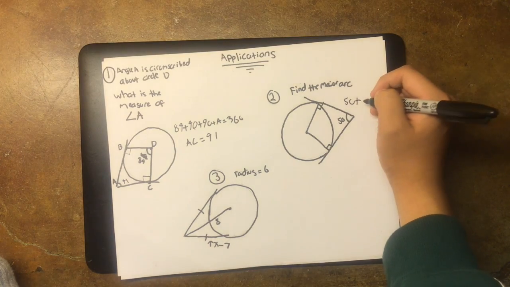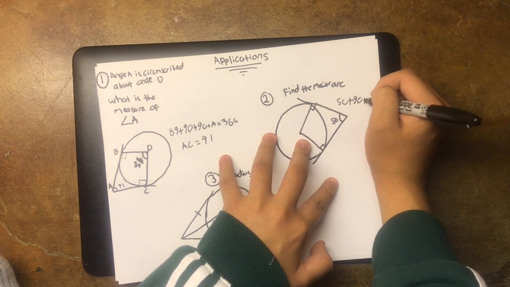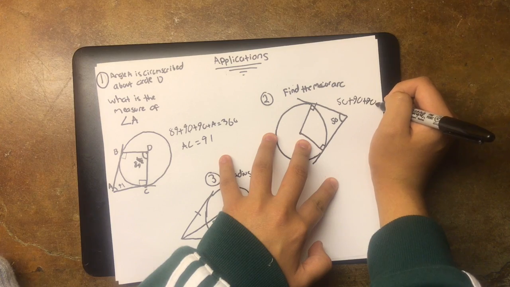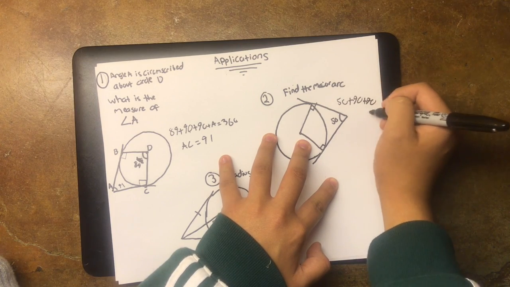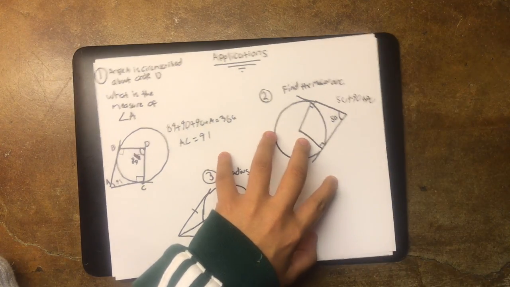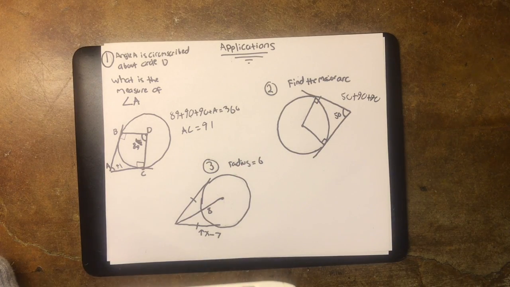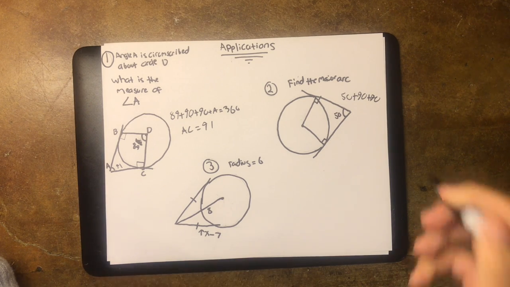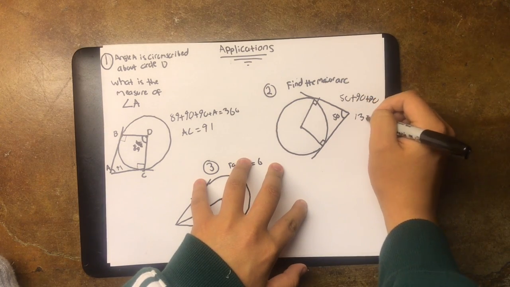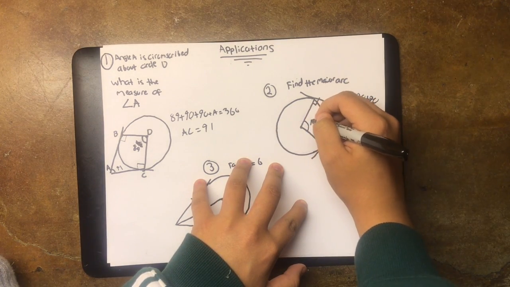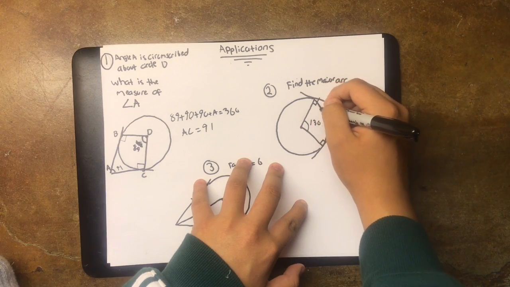We know three of the angles, so 90 plus 90, plus 50, and if we add all this up, we should get 130. So the minor arc equals 130.